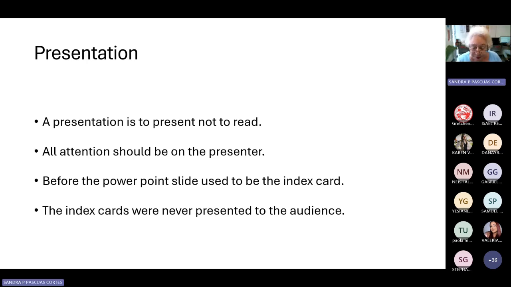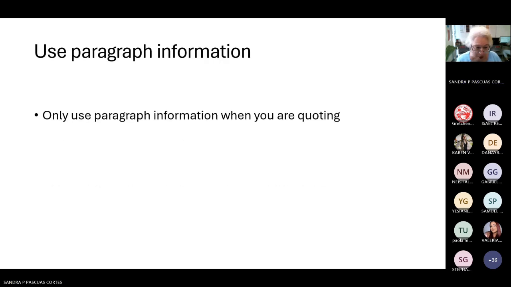No questions. Great. Now, I have seen this. When you have information that you want to quote, then and only then use paragraph information. You write the paragraph and you have to say, y cito, or I quote.